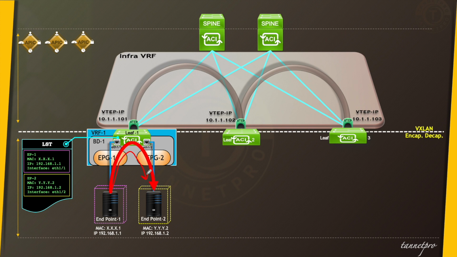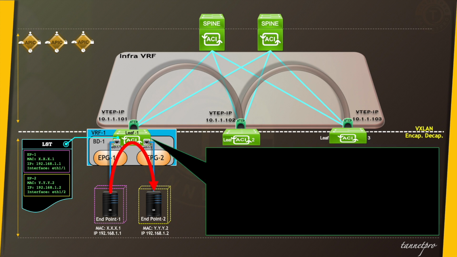And the main part is that they learn all these MAC addresses and IP addresses via the data plane. So once these tables are ready, all your MAC addresses or endpoint IP addresses get mapped to an endpoint table. Now how do you check the endpoint table? That is the most important question, right?